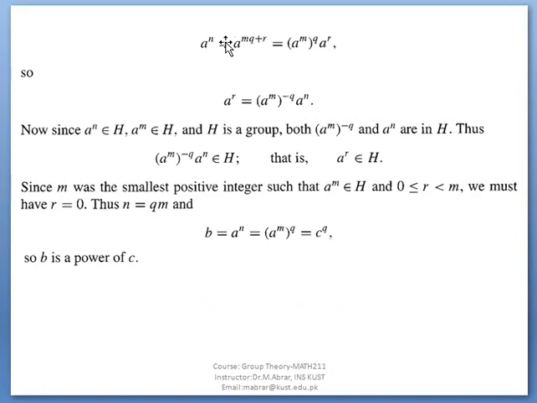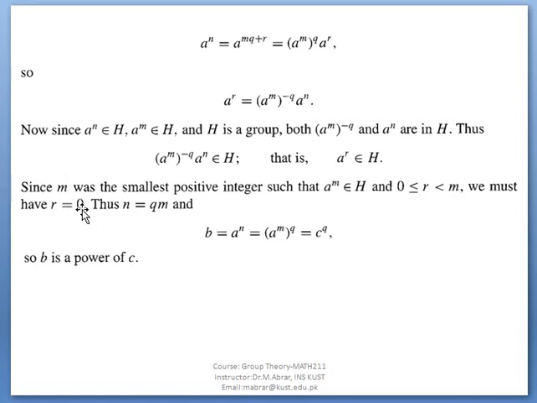Replace this n by mq plus r, and a simple calculation shows that a^r can be written in this form. Because H is a subgroup, it means this a^r belongs to H. But by assumption, this m was the smallest positive integer that belongs to H, and now we see a^r also belongs to H. Because this r was less than m, the only option left is that r must be 0.